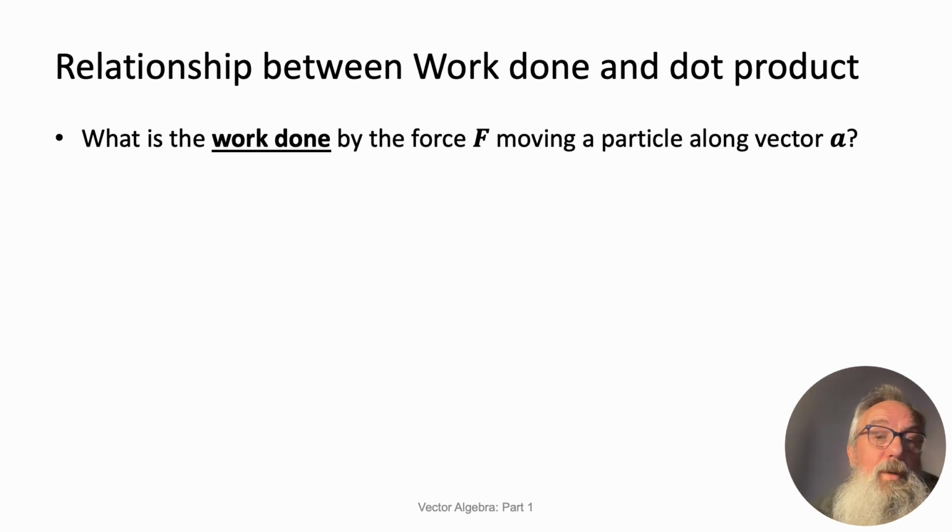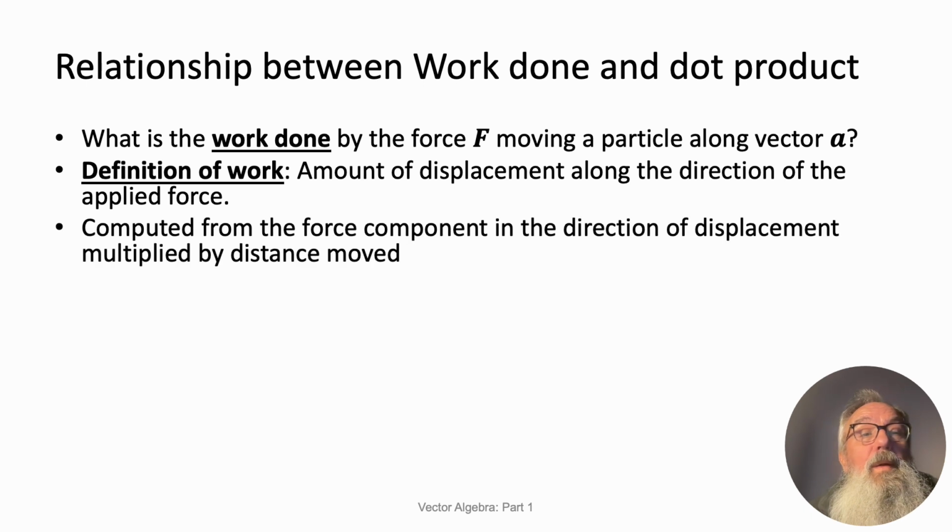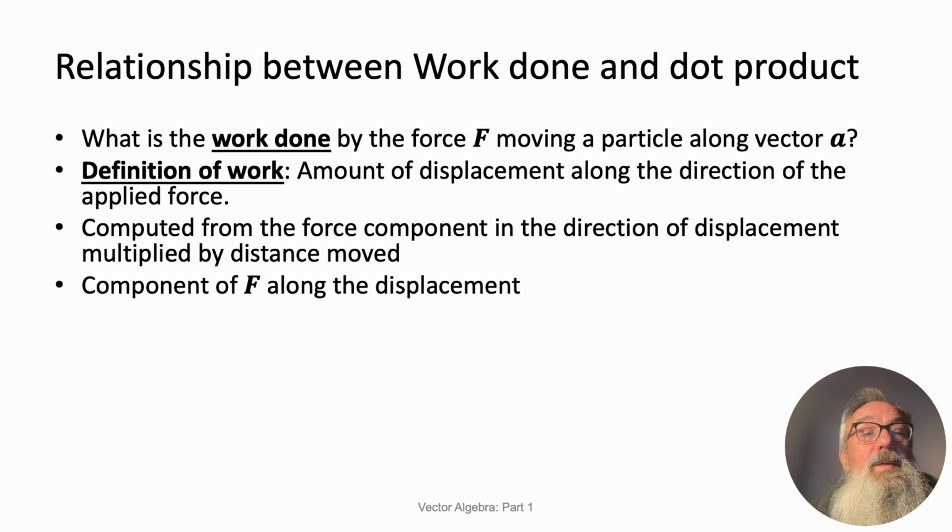This is a typical application of this mathematical idea of a scalar product, a dot product. The definition of work is the amount of displacement along the direction of applied force. We can compute the component of the force in a particular direction, and then multiply it by the distance moved.